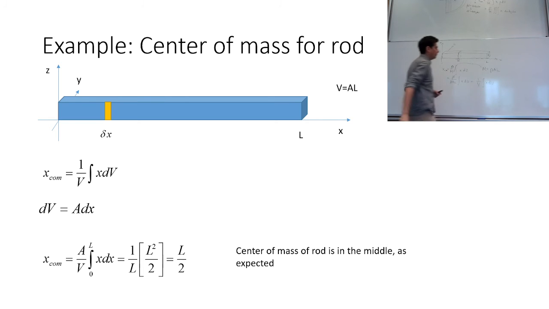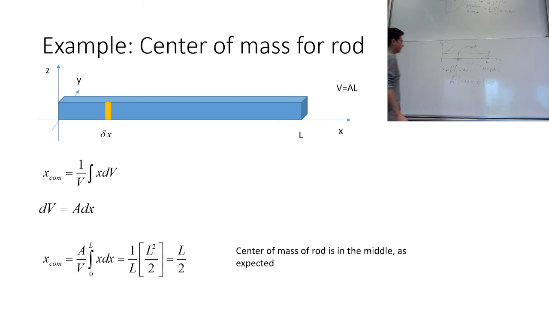So this is basically what I'm starting off with. Now, what's the volume of this element here? The volume of this element is that width times the cross-sectional area.